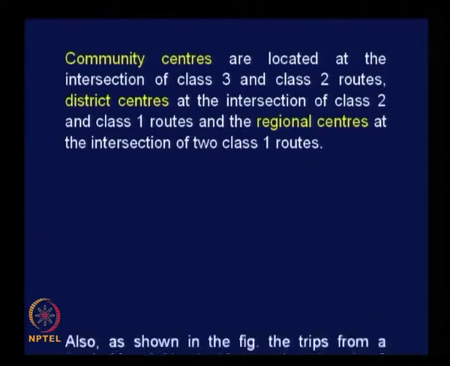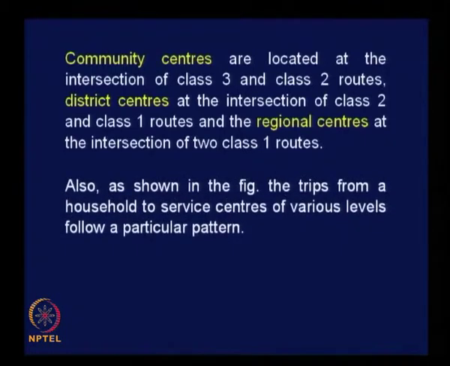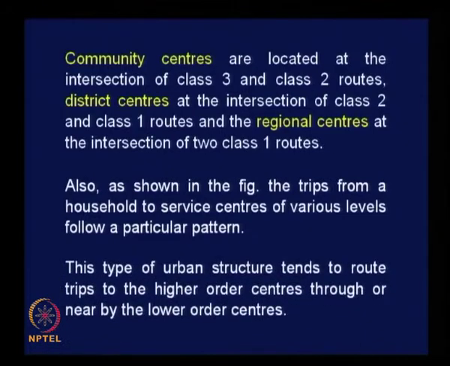Clear? The trips from a household to service centers of various levels follow a particular pattern. The pattern is very clear, as we saw. This type of urban structure tends to route trips to the higher order centers through or nearby the lower order centers. Strict hierarchy is maintained. Clear?